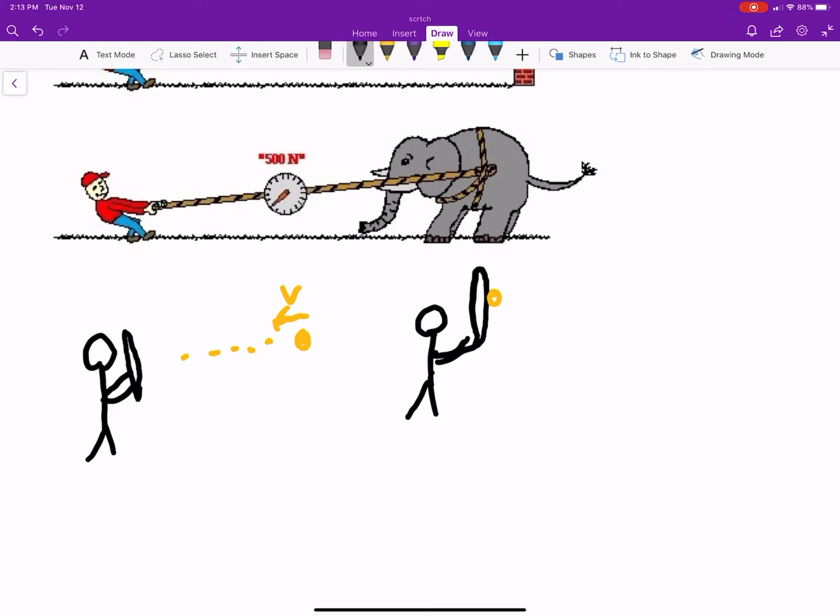And at that point, there's a force. There's a force of the bat exerted onto the ball, and there's also a force of the ball exerted on the bat. And if you were to watch this, obviously, we would know what would happen is the ball goes flying way out over here.